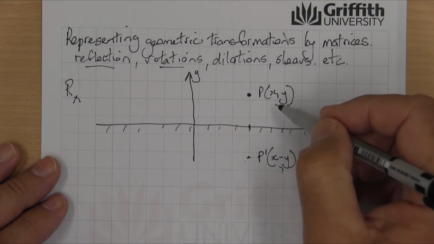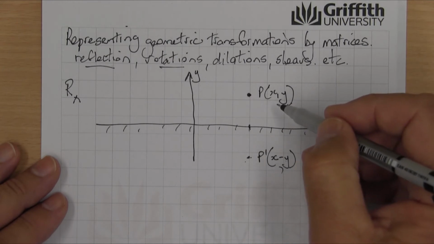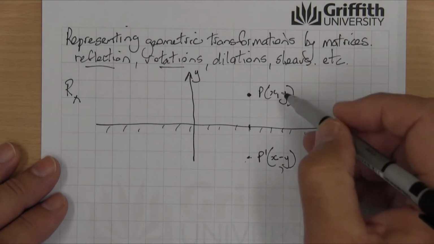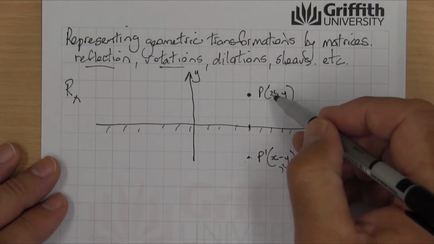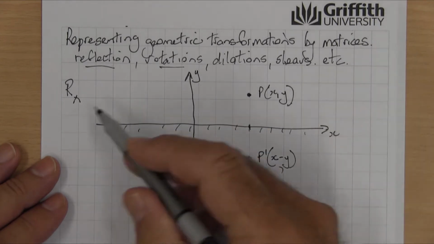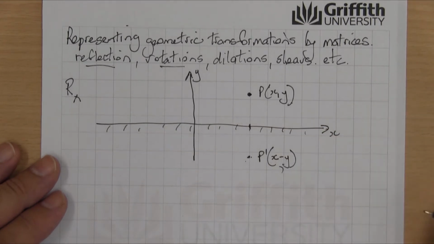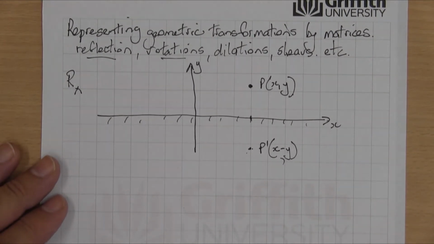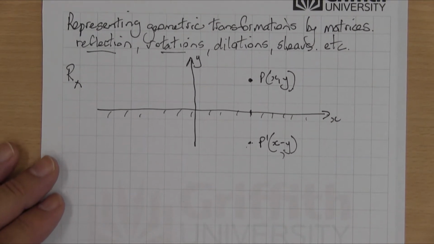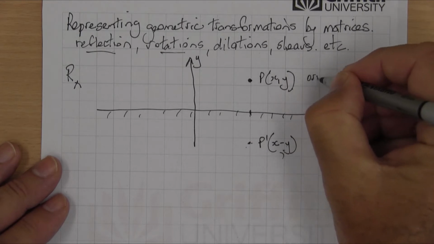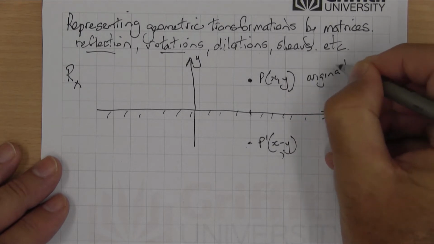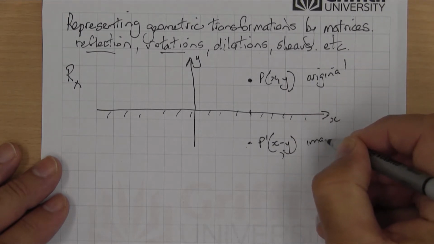So that's a simple example, but it may be useful to be able to come up with some way of using matrices to transform any point (x, y) through a reflection in the x-axis into its image, and to come up with the coordinates of where the image may lie. So this is the original, and this is the image.